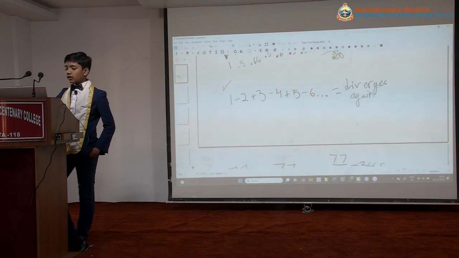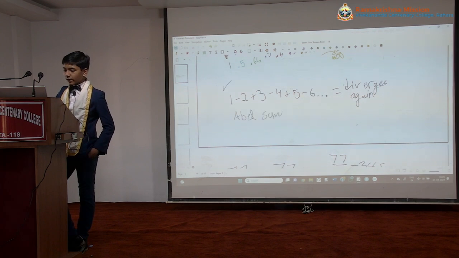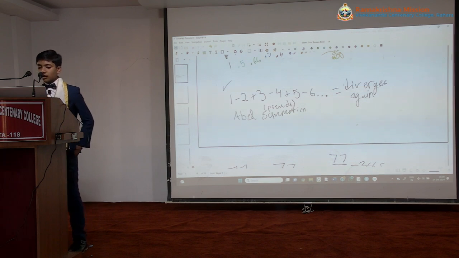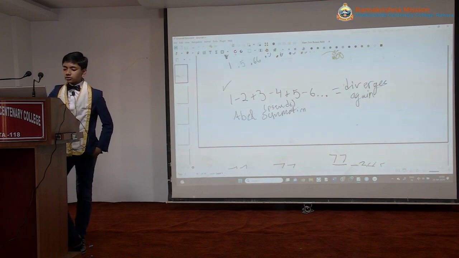But once again, we can pull a pseudo summation out of the darkness in order to give us a sum. So, this is the Abel summation.